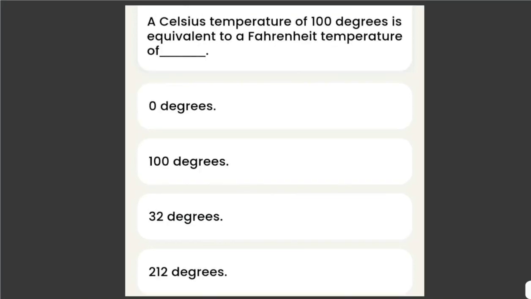A Celsius temperature of 100 degrees is equivalent to a Fahrenheit temperature of... Now let's convert 100 degrees Celsius to Fahrenheit. We use the formula: degrees Fahrenheit is equal to degrees Celsius times 9/5 plus 32.